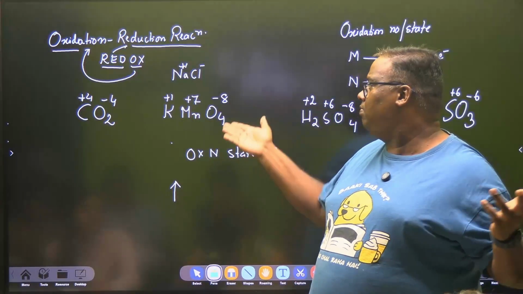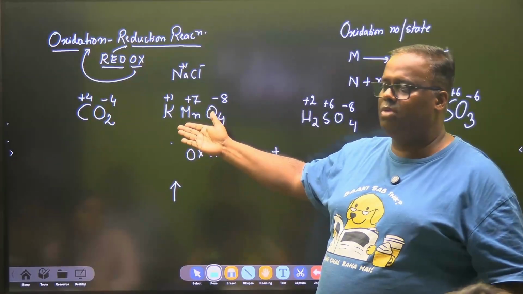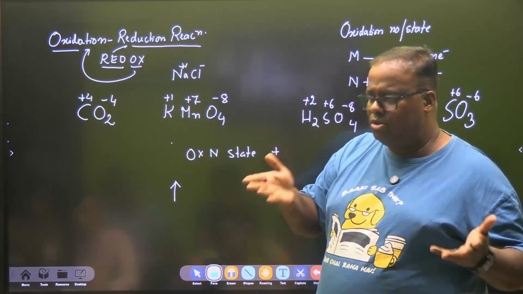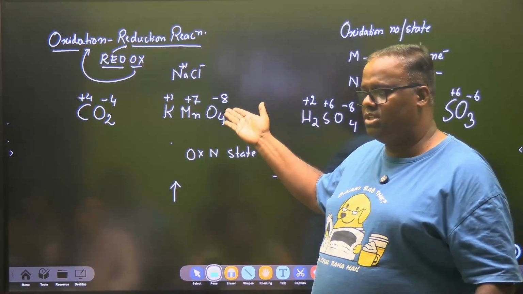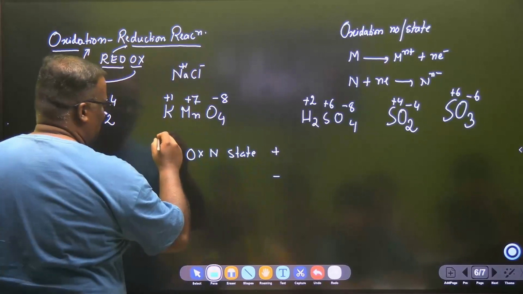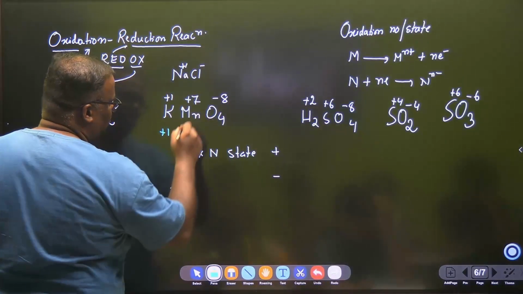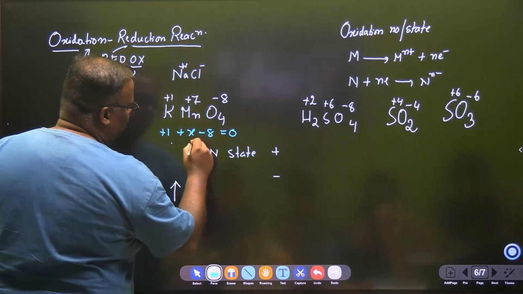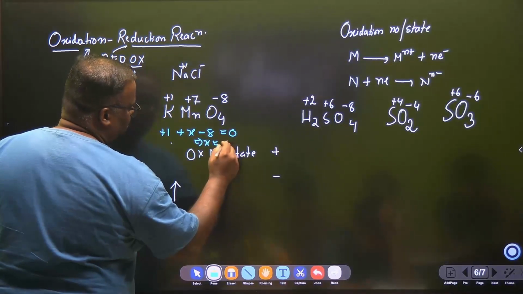Let us now identify what is the nominal charge. Potassium comes from family 1, so it is +1. Manganese, you all are very young, you don't know, but you know oxygen. Now you put the chapter of linear equation, +1, this you don't know, plus x minus 8 equal to 0. So how much is x equal to? +7.